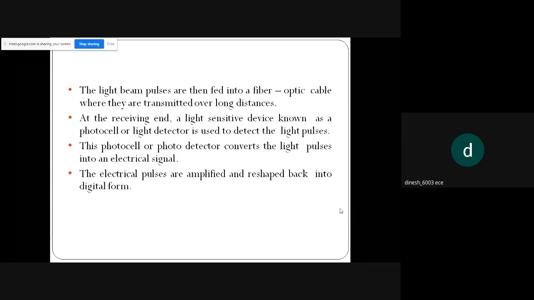At the receiving end, light sensitive devices, the detectors, are used to detect the light pulses. These detectors convert the light pulses into electrical signals. Then these pulses or signals are amplified or shaped back to digital form.